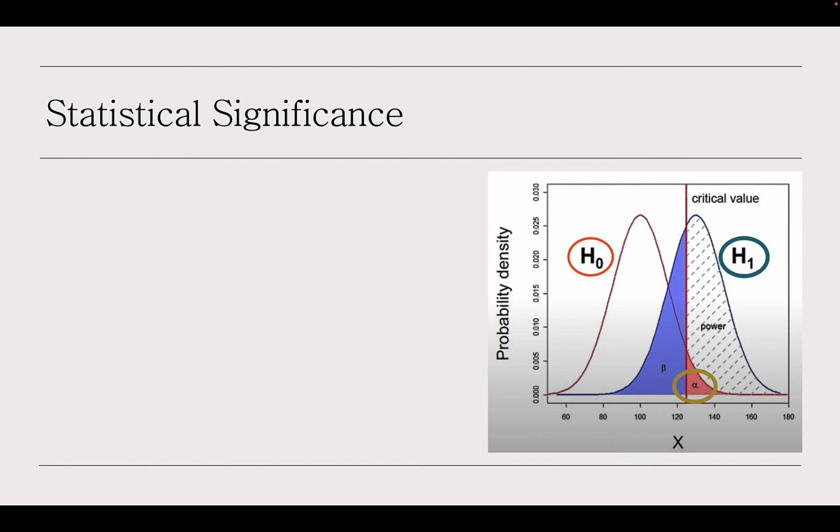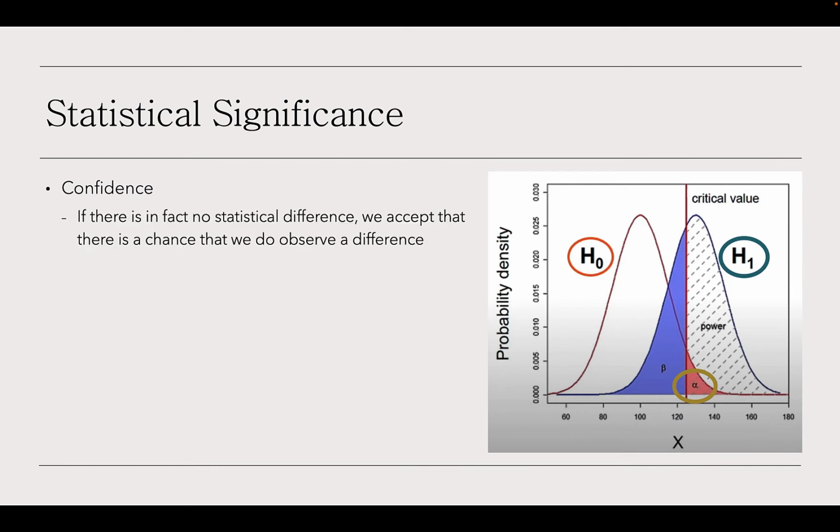Okay, what about statistical significance? You should remember this idea of confidence or confidence intervals. Confidence, okay, so if there is in fact no statistical difference, we accept that there is a chance that we do observe a difference, right? Because let's look at our two distributions here. They do overlap. Even though we see these distributions separate from one another, we see that the means, the mus, the population means are different from one another.